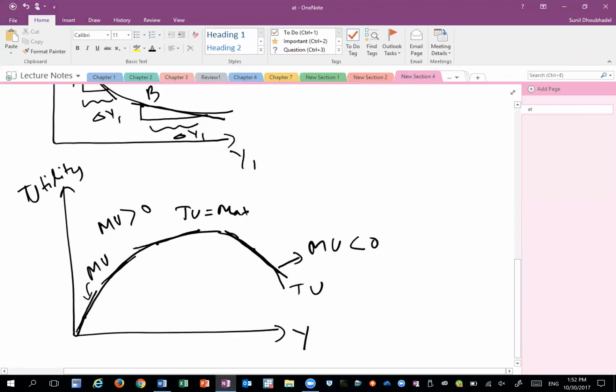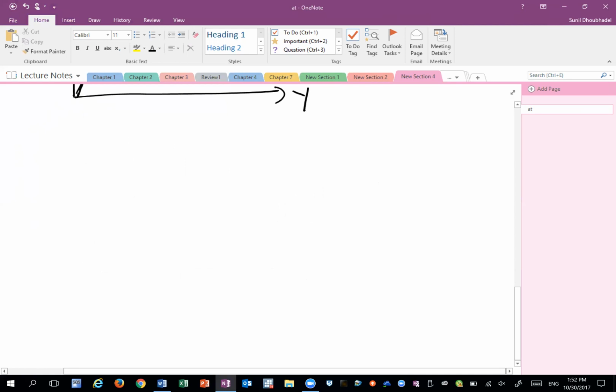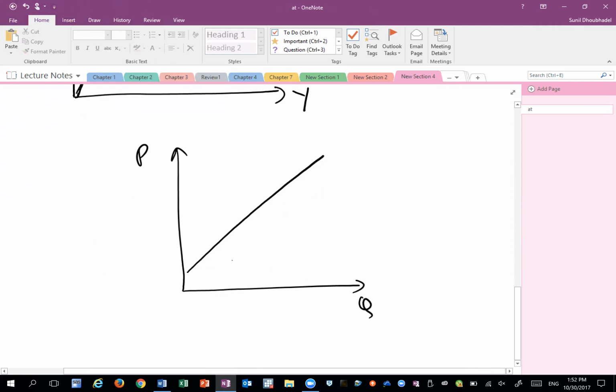So what new technology does, let's say this is the supply curve, is that it shifts outwards. So for the same price, the producers can supply more because their cost of production will go down because of that new technology.